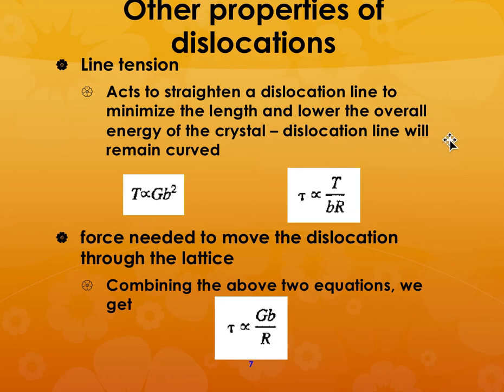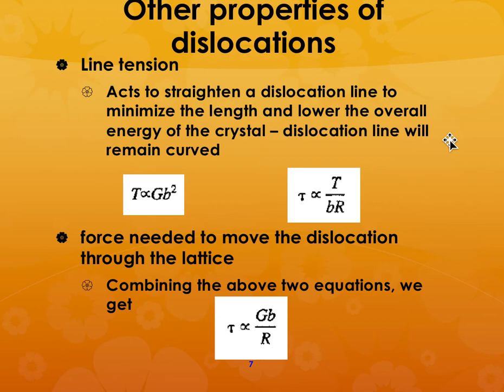The other properties of dislocations are, suppose you have a dislocation between two atomic positions. There is a line tension of this dislocation, and that line tension will act to straighten the dislocation line and lower the overall energy of the crystal, which means that it might be a curved type of a line.